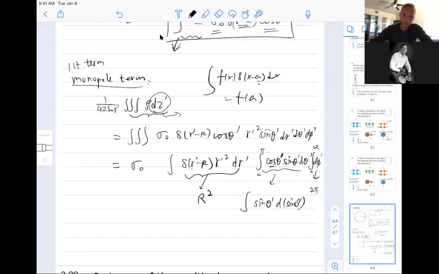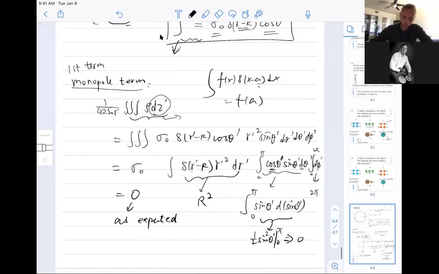So that's why I can combine cosine and d theta to become d sine theta from 0 to pi. And that becomes 1/2 sine theta prime squared from 0 to pi. Evaluate that. It turned out to be 0, as you can see, right? Okay, so this whole thing is 0. It dropped as expected.